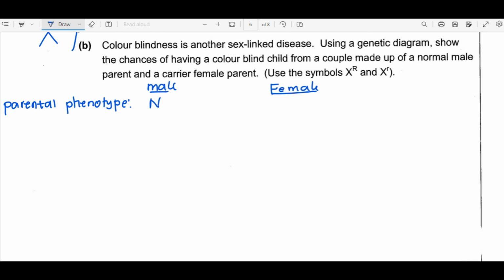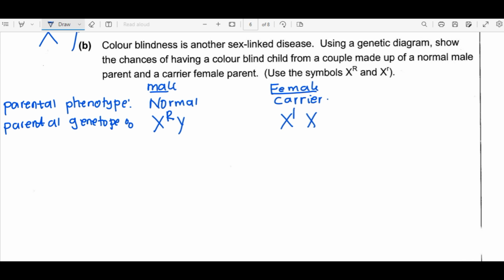For the man, normal. For the woman, we are told carrier. So for the phenotype, you just have to state the condition. Then we'll move on to parental genotype. Since the man is normal, you use XY, and here we put only a capital letter. Then for the carrier woman, one will be a capital letter, the other one a small letter.